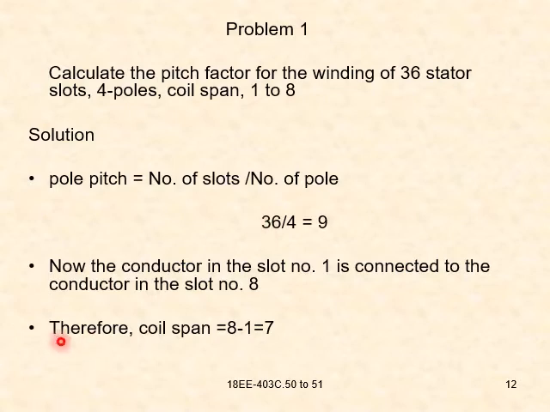So here the coil span falls short by 2 slots, as the full pitch is 9 slots. Therefore that is equal to 2 by 9 into 180 degrees, which is 40 degrees. So the coil span falls short by an angle alpha of 40 degrees.